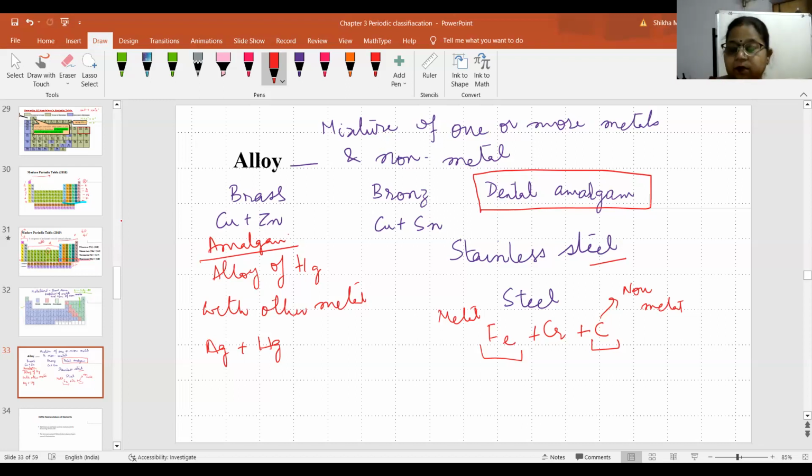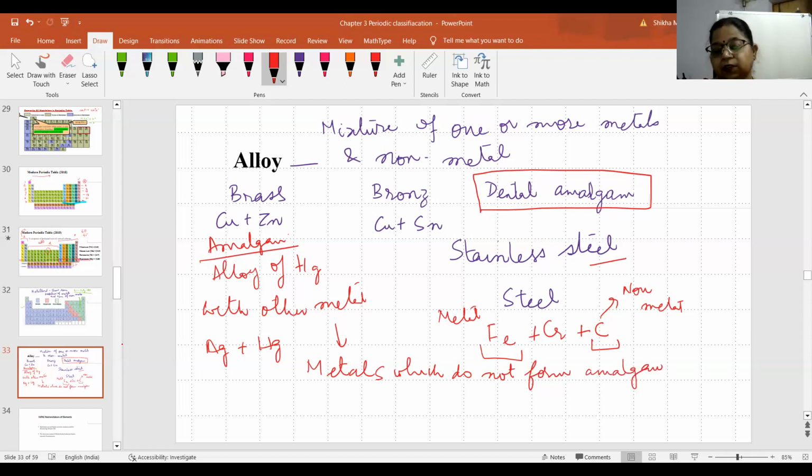There are two metals which do not form amalgam. That is an often asked question. Metals which do not form amalgam are, I'll give you the answer.